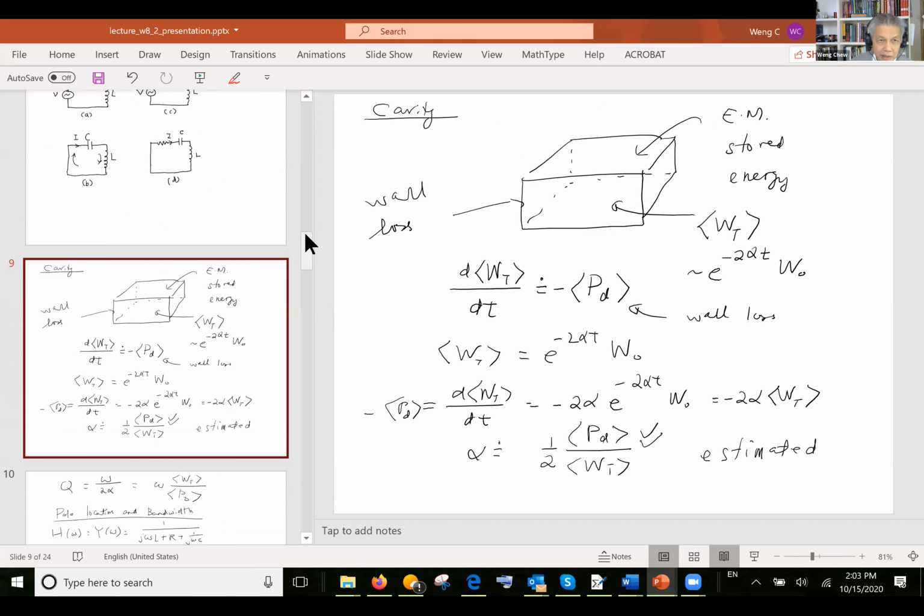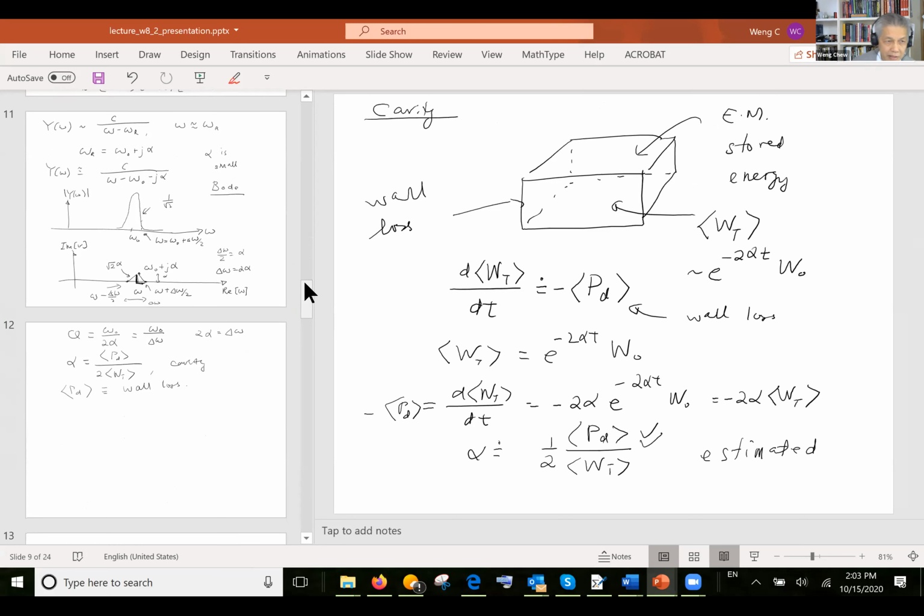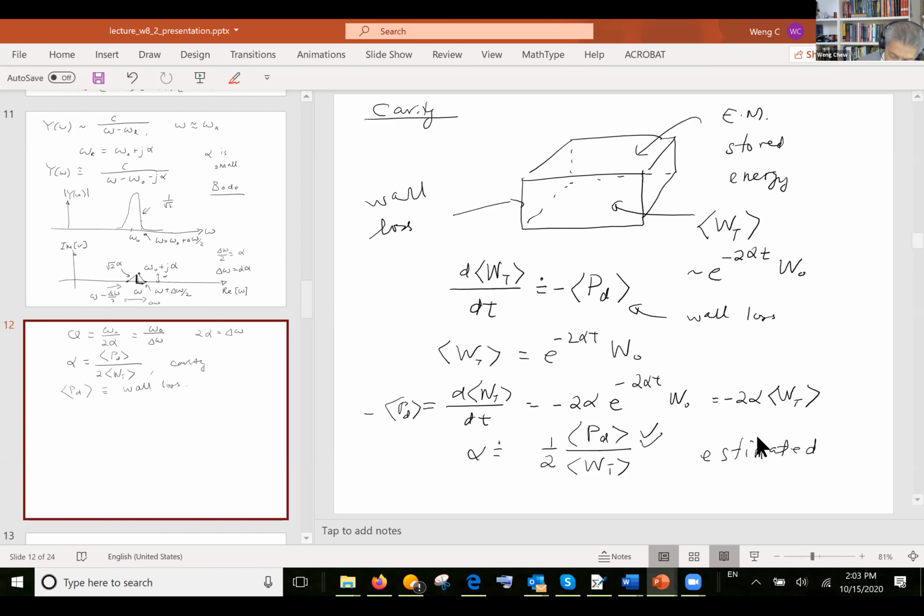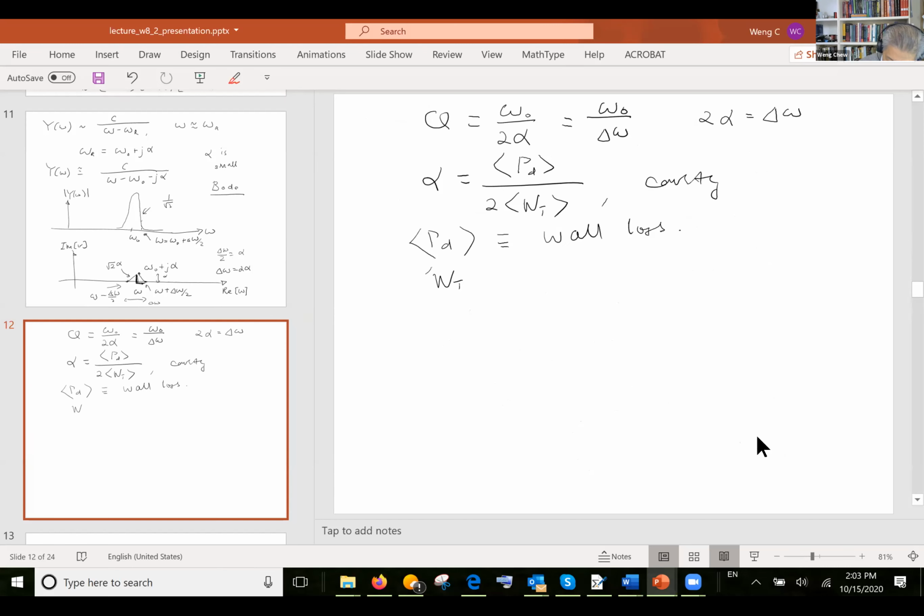So this is going to be a perturbative concept, in the sense that WT is the same as that of the lossless case. We assume that the wall loss is small, so that even when we have the loss, the energy stored in the cavity does not change very much. We already know how to look for the modes of a rectangular cavity. We can get those electromagnetic fields and find this very easily.